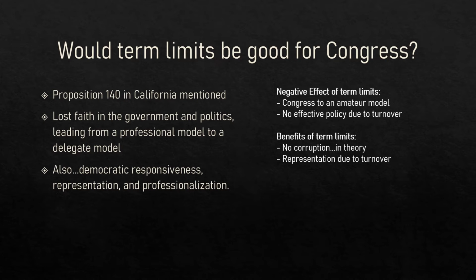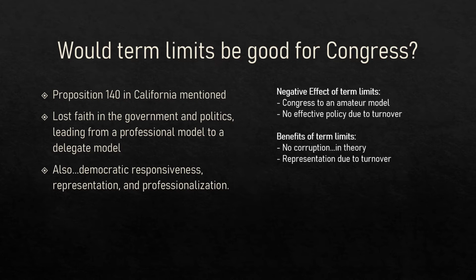And that can lead to either no effective policy because of the skill level or just because of the high turnover. What if we changed professors every week? Will we have a very good class with a lot of continuity? No, not really.